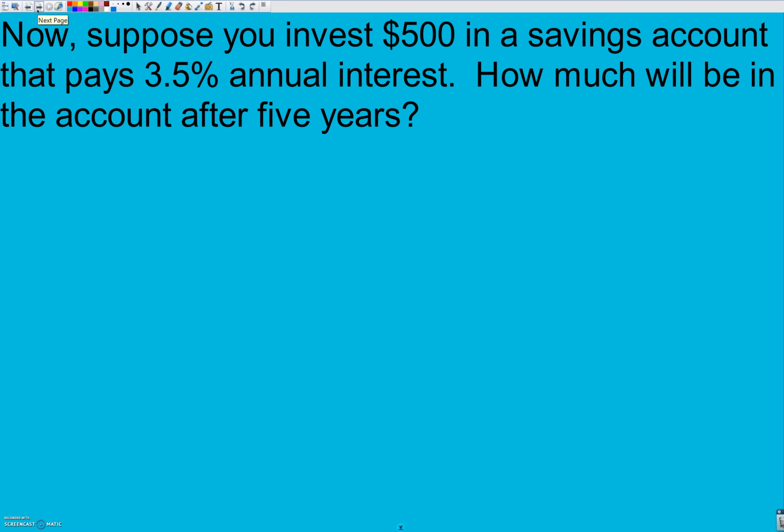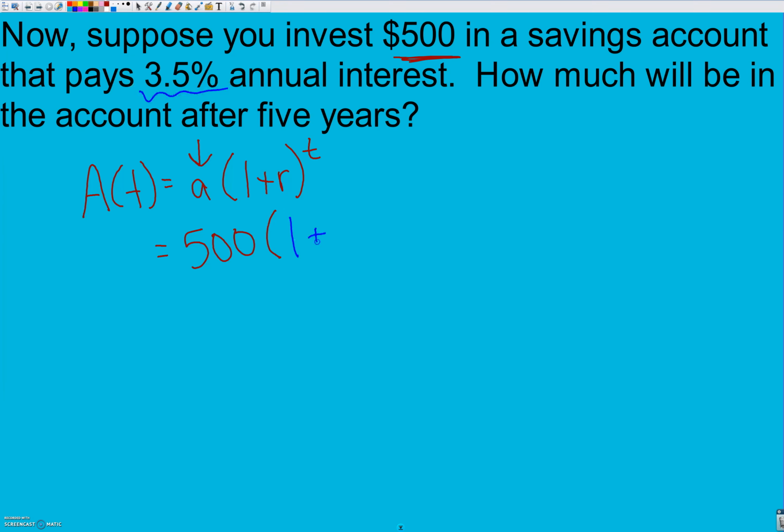Okay, same idea here. We have A of t equals a times 1 plus r to the t power. We invested $500. Okay, that's our initial amount. We always keep the 1. Our rate is 3.5%, so plus 0.035. To move from a percent to a decimal, we move 2 spots.